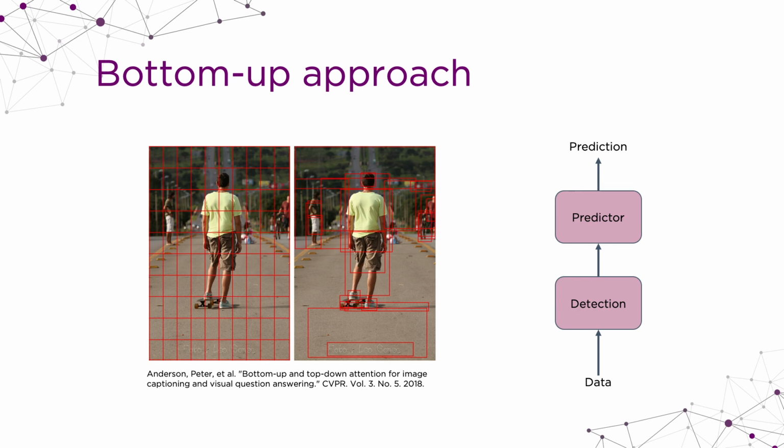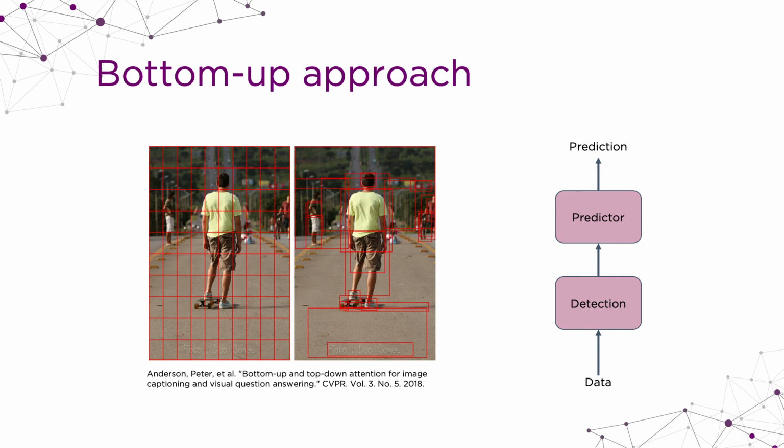And to try to mimic a little bit my process to answer the question, I will use one detection module here that will provide me all the bounding boxes of elements of interest in the image. And with all these bounding boxes, then I will give it to a predictor, and it will be easier for the predictor to find the information in order to answer the question.